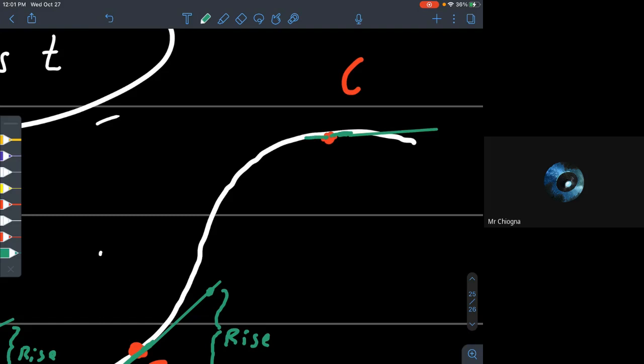Do the same thing on the left. Extend it further. Now this is by no means perfect, but you can look at this and see that the slope is close to zero. What does that mean? At that moment, your instantaneous velocity is zero.